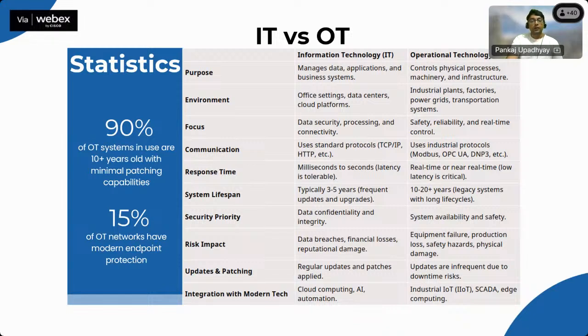Okay. So majorly, the lifespan of IT devices is 3 to 5 years, and after that we change the hardware, upgrade the hardware, or come up with a different solution. But that is not possible in OT because those are very costly machinery used at the plant.